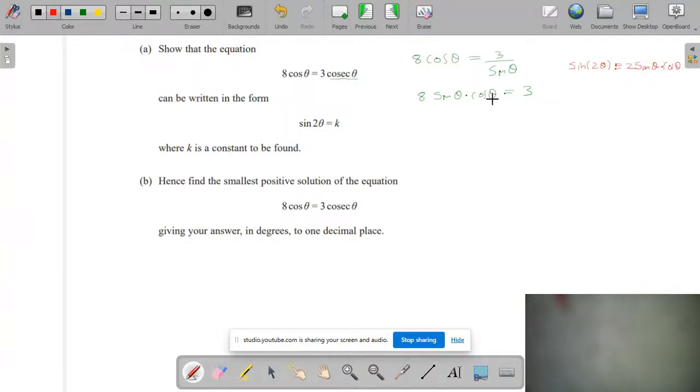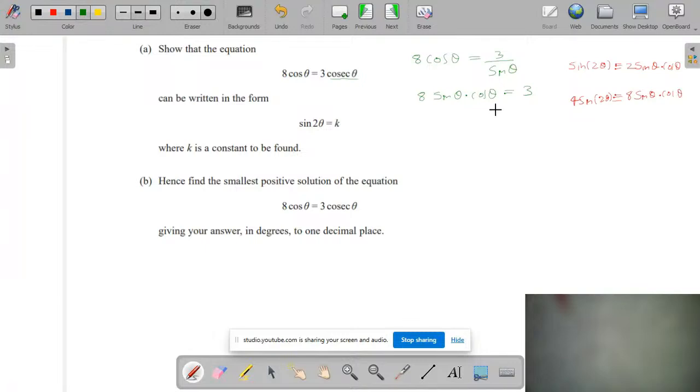Here we have 8 sin theta cos theta, so you multiply this by 4 to get 8 sin theta cos theta. Similarly, multiply the other side also by 4, which gives 4 sin 2 theta.